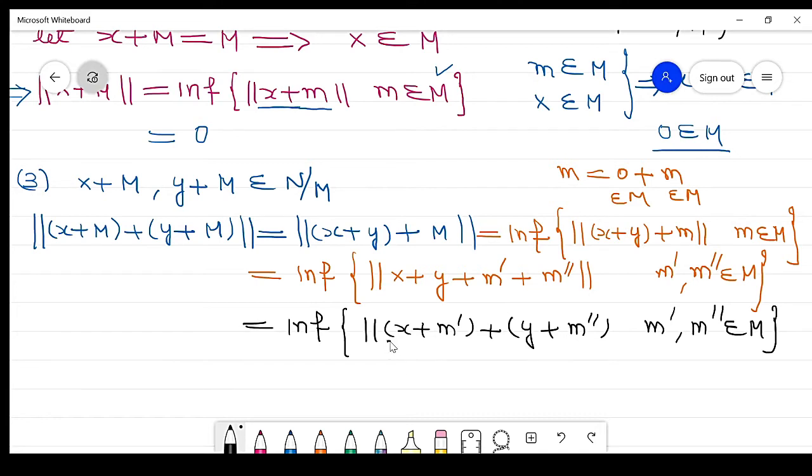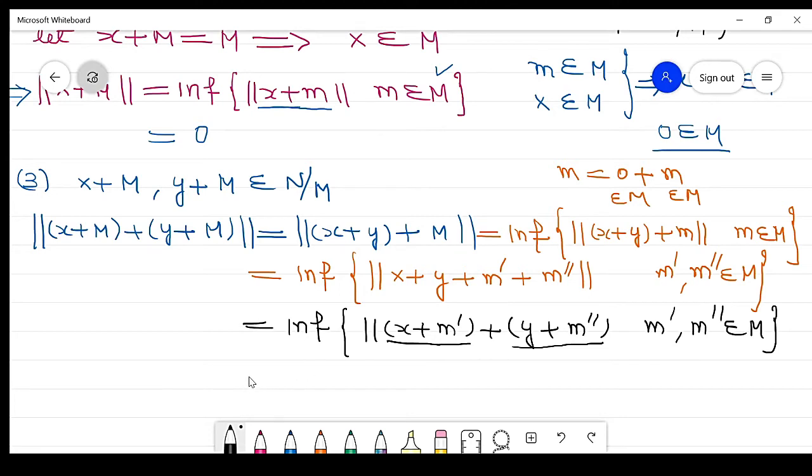Now this vector belongs to N. This total vector again belongs to N, so that is a bigger space. And N is a normed linear space which satisfies the triangle inequality.